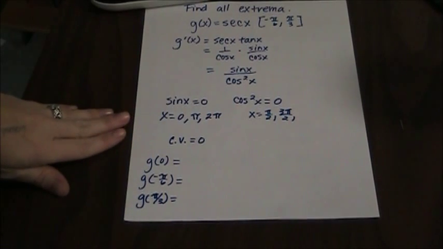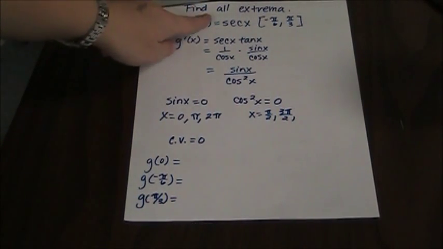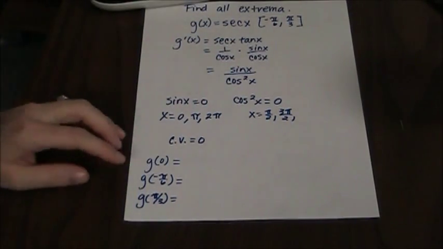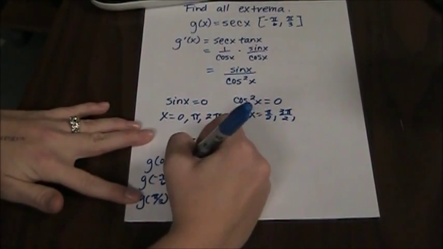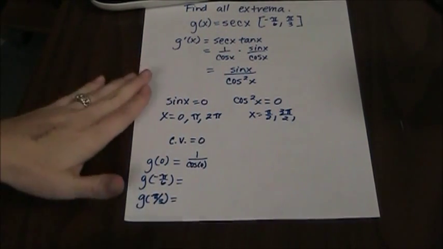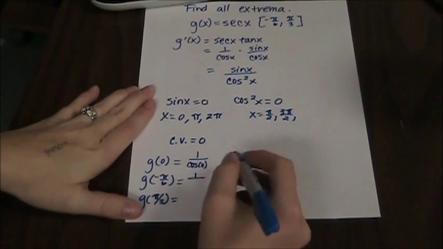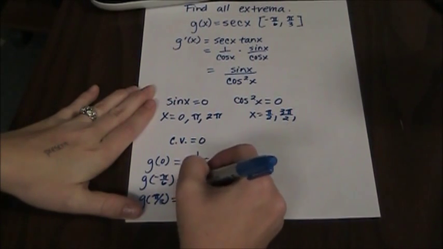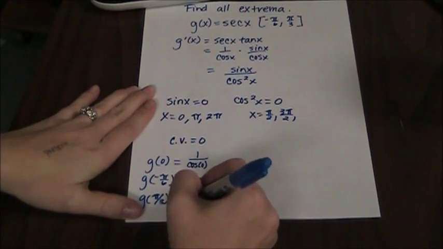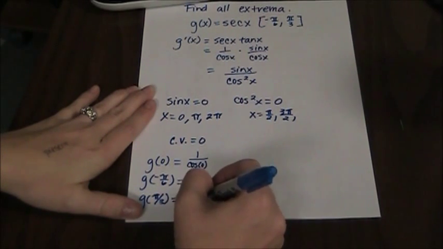And so if I look at my function secant of x, it's 1 over cosine of x. So when I plug these in, I'm going to plug them in that way because I'm more familiar with the values for cosine. So 1 over cosine of 0, 1 over cosine of negative pi over 6, and 1 over cosine of pi over 3.